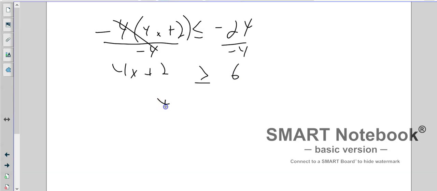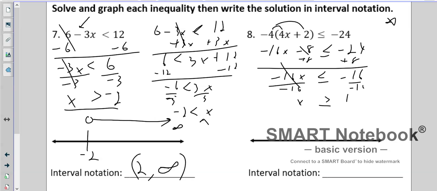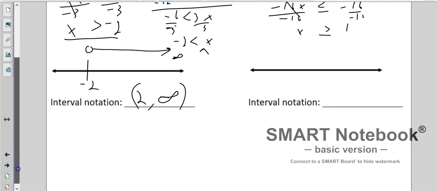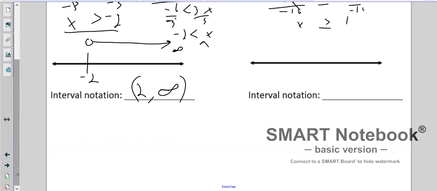I'm going to subtract 2, and I get x is greater than or equal to 1, which is what I already had. So just notice, if this number is actually a factor of this number, you can save yourself some time. It's up to you. It's just a shortcut, not required.